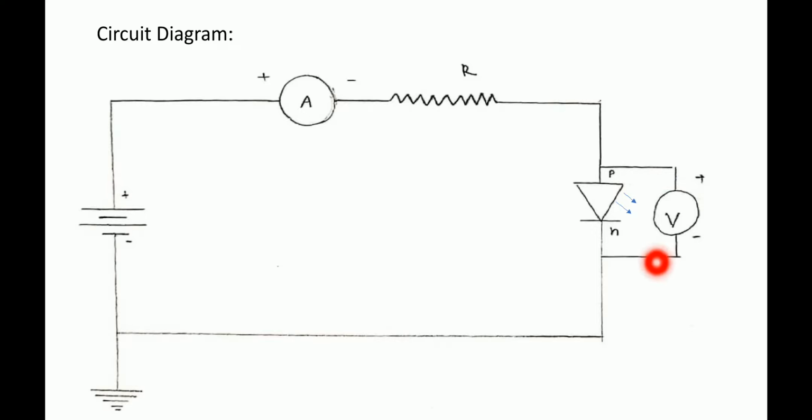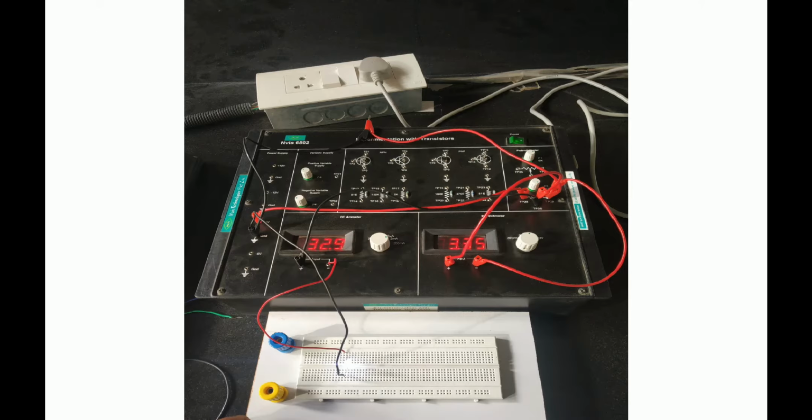The negative terminal of the battery is connected to the negative terminal of the voltmeter. Now, again, the positive end of the voltmeter is connected to the positive terminal of the LED and the negative end of the voltmeter is connected to the negative terminal of the LED. Now, with the help of all the components, we assemble the circuit diagram as shown in the figure.